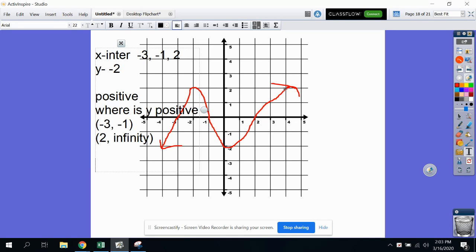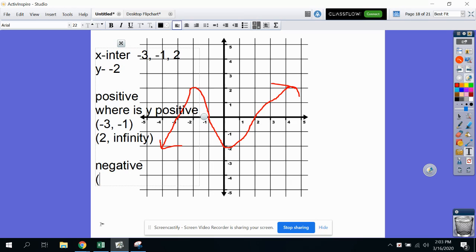Now, if where y is positive is above the x-axis, then where it is negative is where it's below the x-axis. So, again, start from left to right. On the left, it starts at negative. Now, it goes that way and stays negative forever.